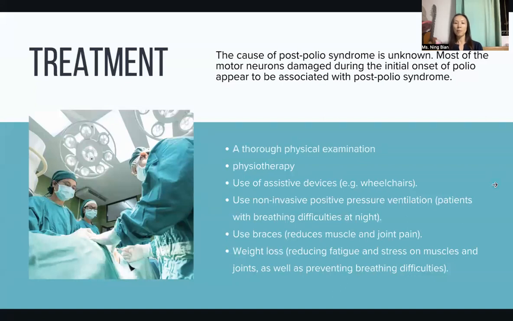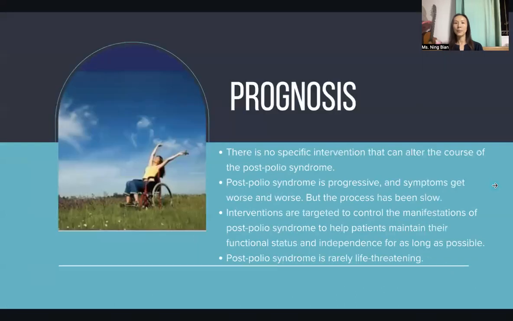Use non-invasive positive pressure ventilation for patients with breathing difficulty at night, and use breaks to reduce muscle and joint pain and weight loss, to reduce fatigue and stress on muscles and joints, as well as preventing breathing difficulties.